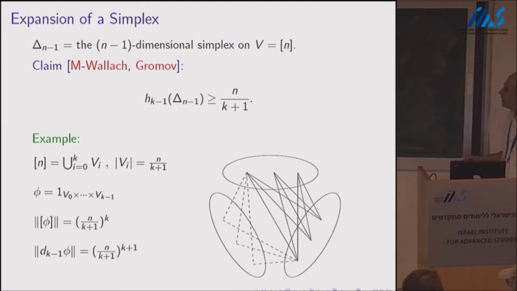Then the triangles that are hit an odd number of times, and actually exactly one time, are all the colorful triangles. Their number is (n/3) cubed, and the size of this cochain, and actually its cosystolic norm, is (n/3) squared, and the quotient will be n over 3.